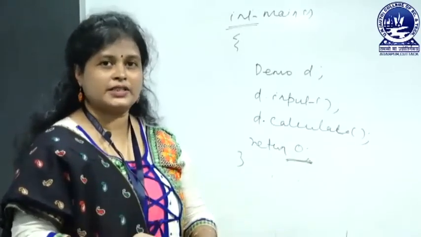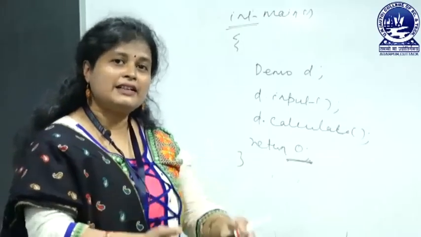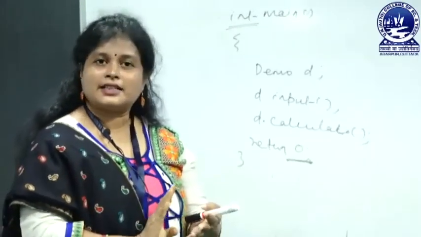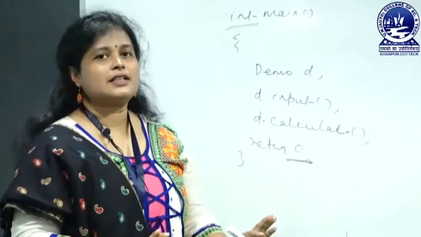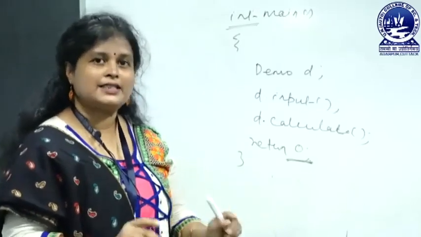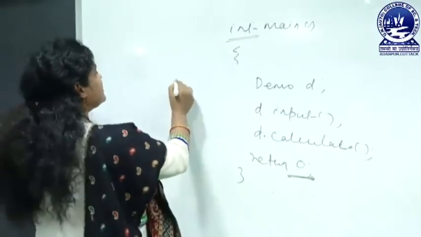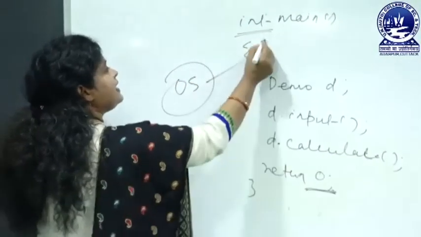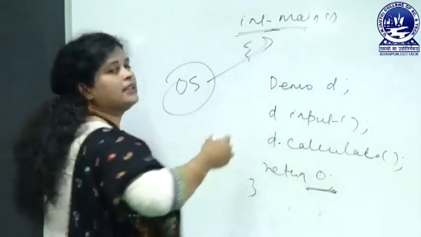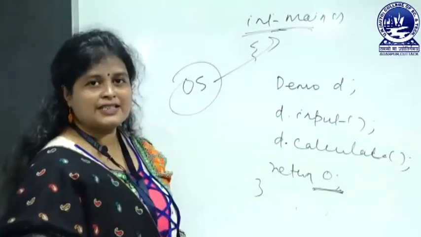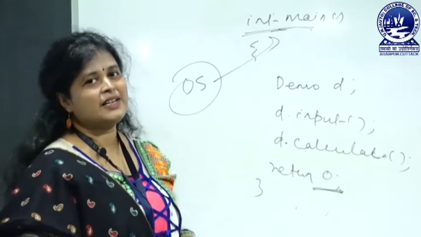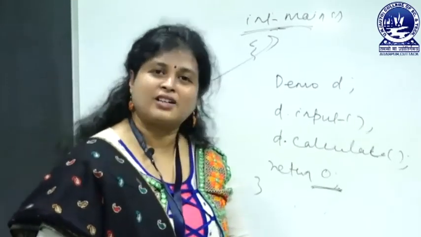It means that you are conveying whether the task is completed or not completed. Similarly, when the main method is executed by the system, it is the responsibility of the main method to return to the operating system whether the task is completed or not completed.